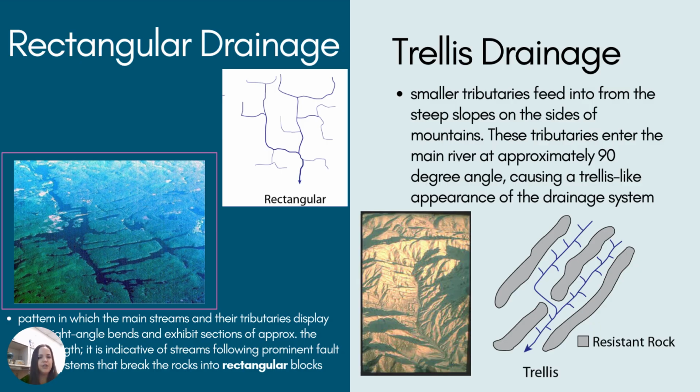And then with trellis drainage, these are small tributaries that feed a larger tributary. So when we have a lot of ridges that are connected, the drainage off of those ridges come to a center point between the ridges and form a larger drainage stream, if you will, and then it goes downstream continuously. And so it's kind of like a tree branch, if you will, is kind of what it looks like.